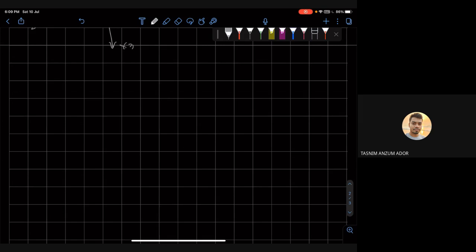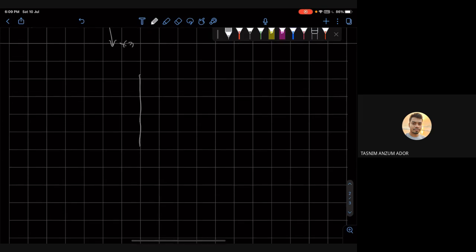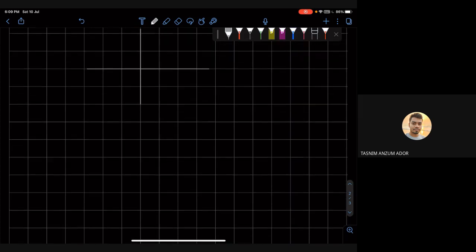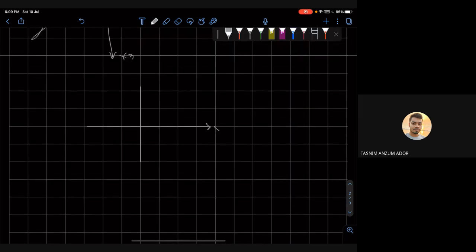To motivate this, let's look at the circle. A circle is a 1-dimensional surface, quote-unquote surface, in a 2-dimensional space. So if I take x1, x2, a 2-dimensional space, and I want to look at all the points that satisfy this equation, then when x1 is 1, x2 has to be 0.